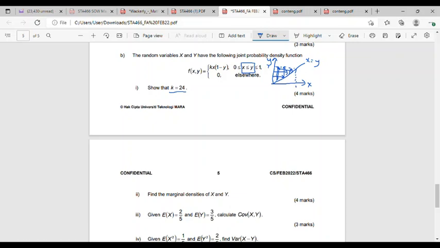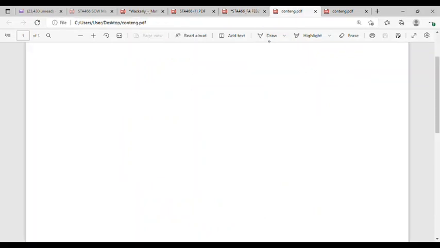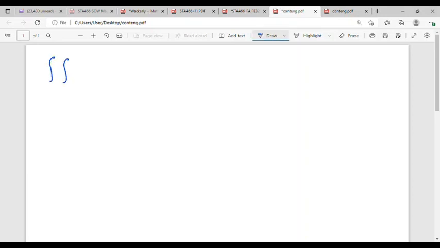So to show that k equals 24, what we can do is the double integration of the function, dx dy, should be 1.